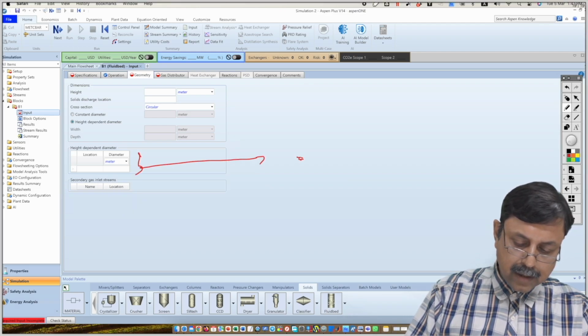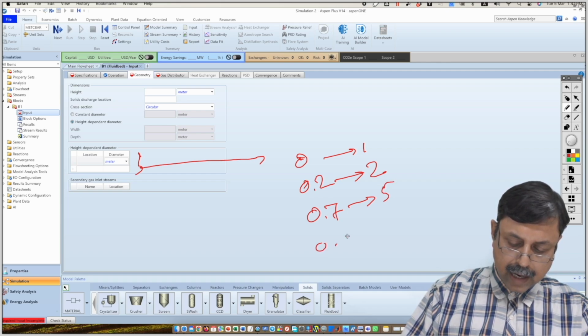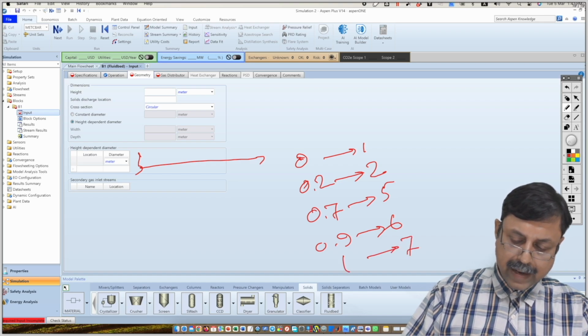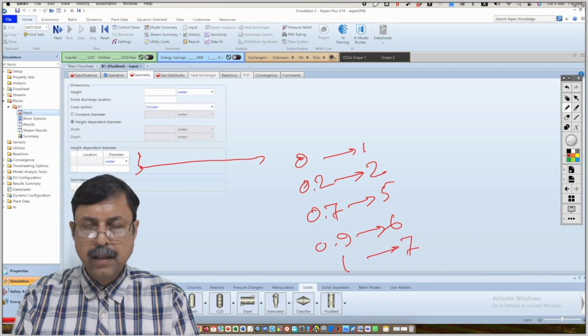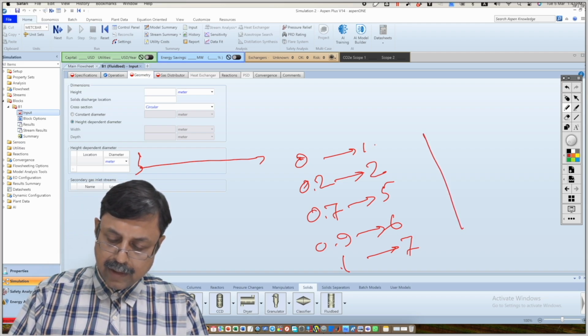So at location 0, the diameter is 1. At location 0.2, the diameter may be 2. At 0.7, it is 5. And at 0.9, it may be 6. At 1, it may be 7. That means the diameter of the vessel increases with height, so the vessel is somewhat tapered.